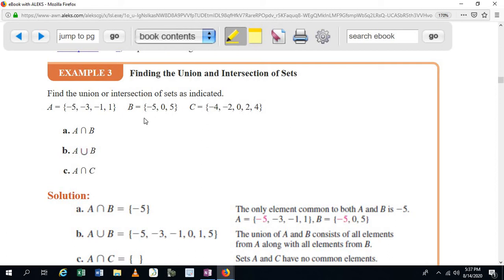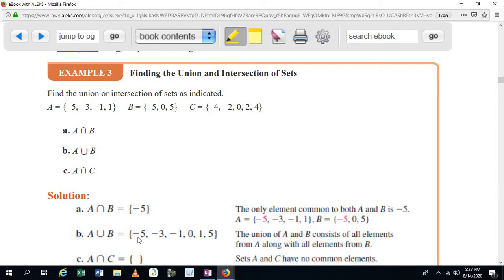And any of the elements that happen to be in common are also in the union, which happens to be -5. But that was already included because it was in set B and set A anyway. So in terms of the union, it's simply all 4 of these elements and these 3 elements also.